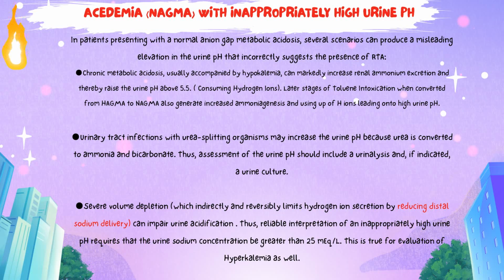So you don't have enough sodium to generate a voltage, and you don't have enough sodium for the principal cell to actively reabsorb sodium and excrete hydrogen ion and potassium into the lumen. Thus, it's important to check the urinary sodium levels before we make an assessment for the cause of reduced acid excretion or higher urinary pH.